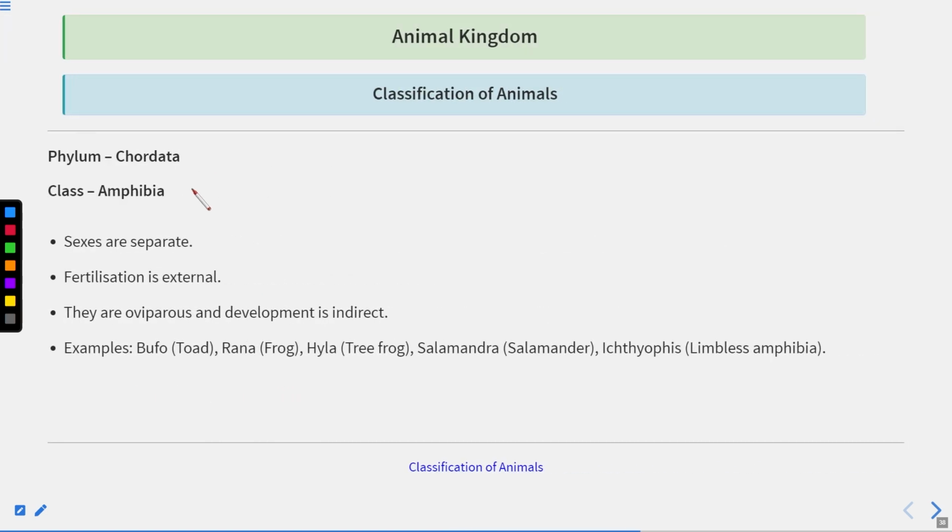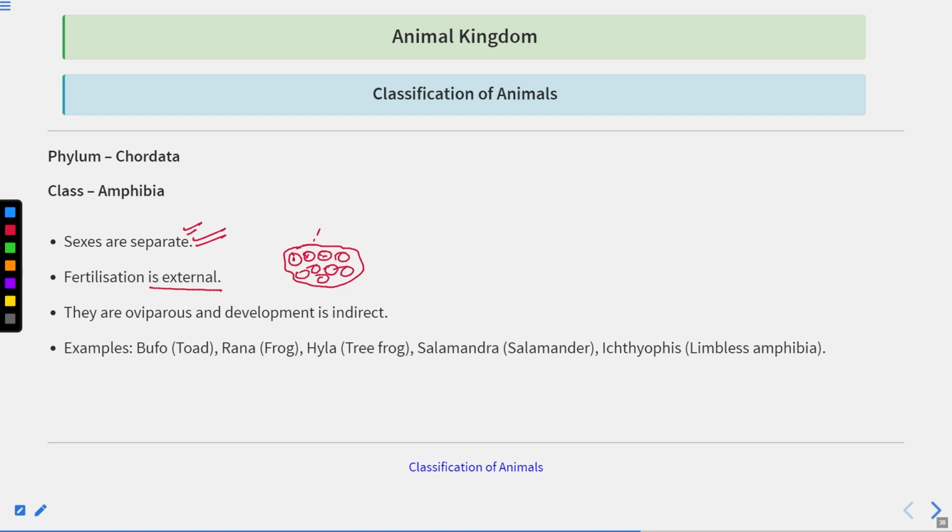Sexes are separate. So we are having two individuals, that is the male frog and the female frog. Not only this frog, but other amphibians also. Fertilization is external. So what happened? The female releases eggs in a jelly-like substance in the water, and the male comes and releases the sperm over it.